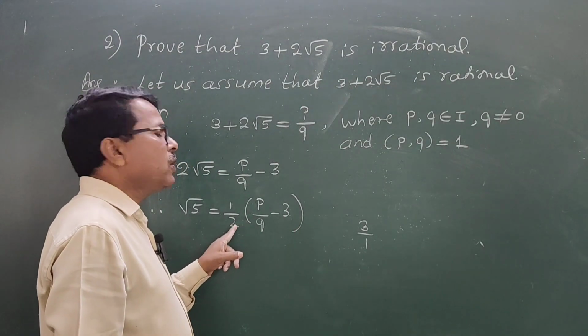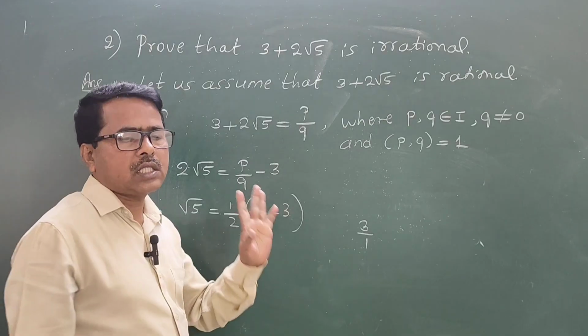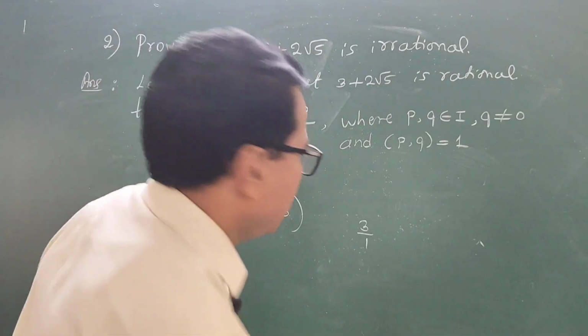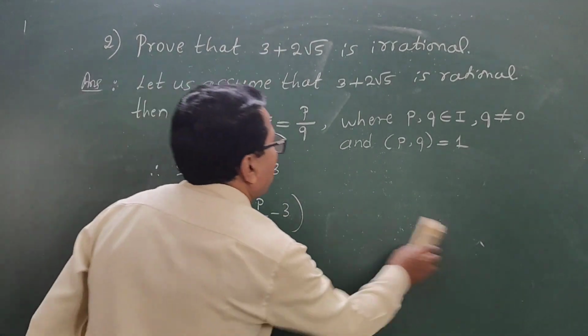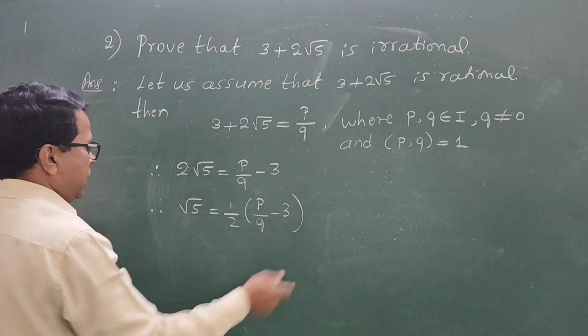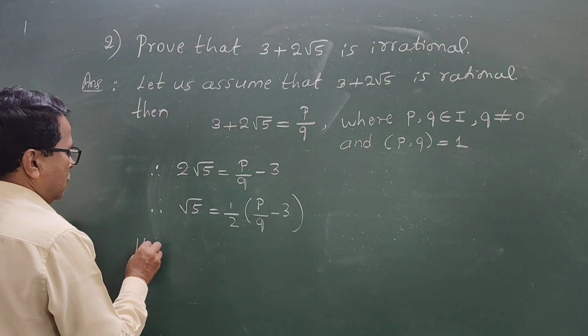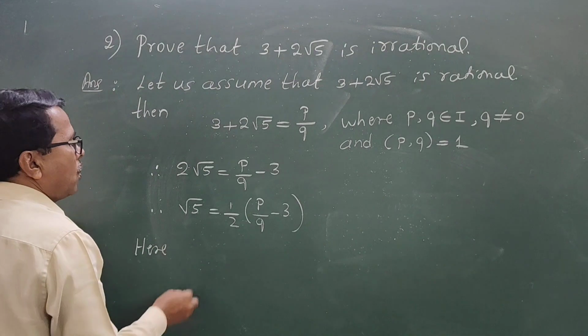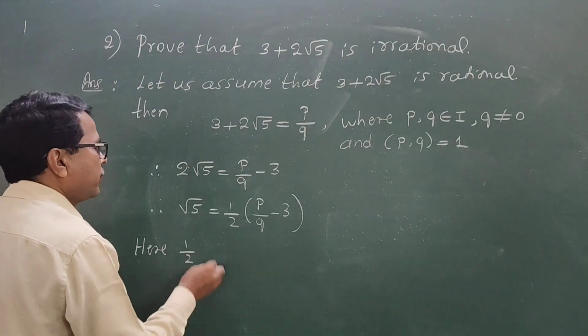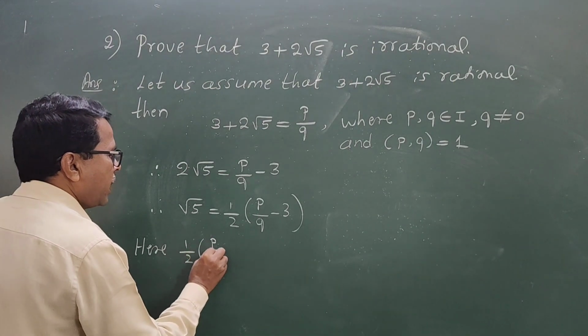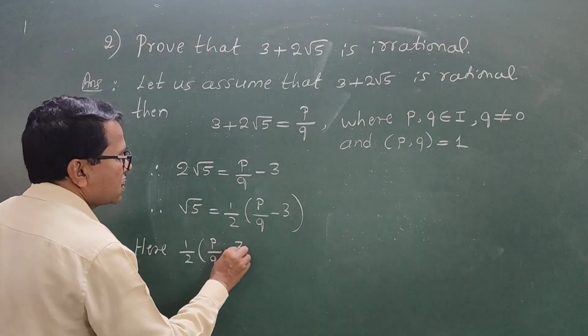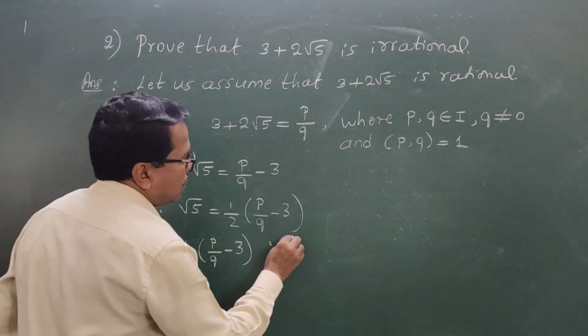Rational into 1 by 2 is rational. So the total answer is rational. So here, RHS, right hand side, 1 by 2 into bracket p by q minus 3 is rational.